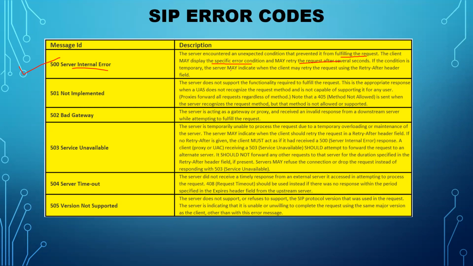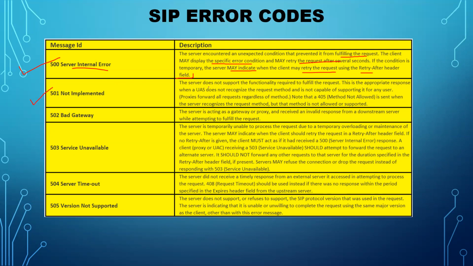If the condition is temporary, the server may indicate when the client may retry the request using the Retry-After header field. So the server will tell you all the details in the Retry-After header field, like how much time later you can retry that request, because as of now it's an internal error from the server. Then we have 501 Not Implemented.